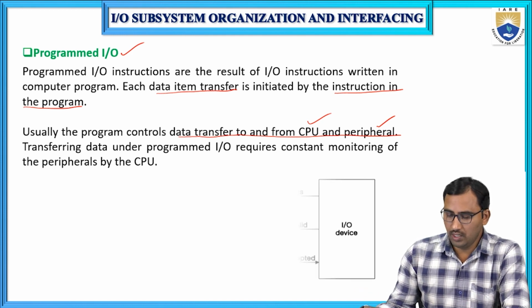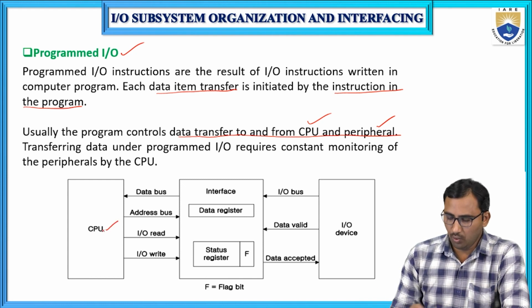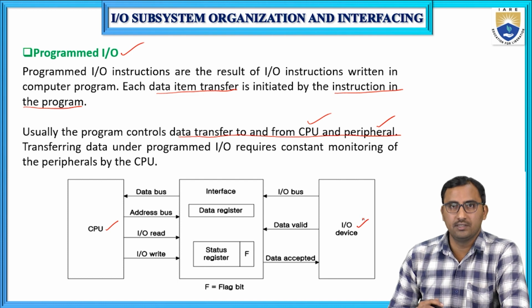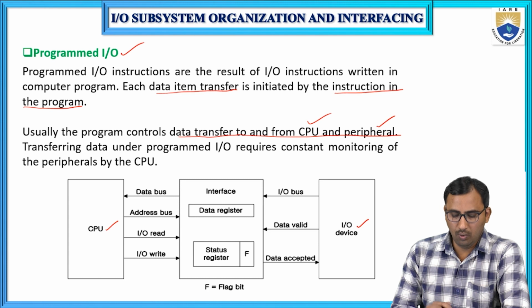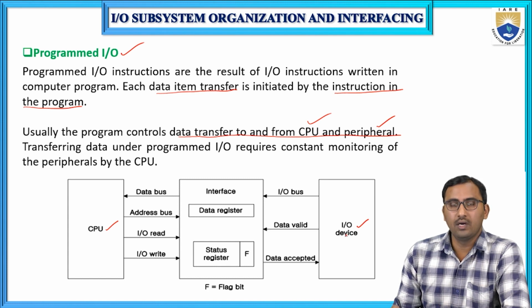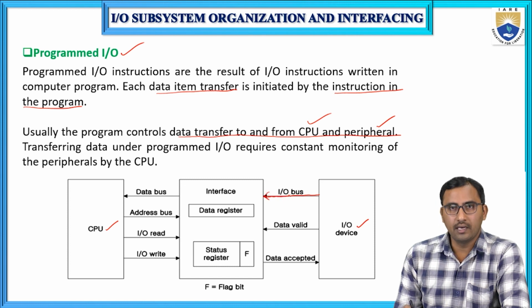Okay. So here you can understand with the diagram. We have a CPU and the I/O devices. The data will be transferred between the CPU and the I/O devices. Whenever the I/O device is ready to transfer the data, it sends the data through the I/O bus to the interface.